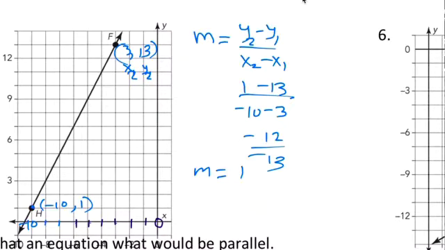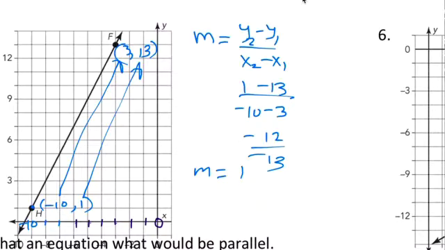Uh-oh, I did this one wrong too. 1 minus 13. Okay, I did 1 minus 13, then negative 10 minus 3. That's fine. I labeled it wrong. Anyway, so go in the same direction. You'll get the same right answer, okay?